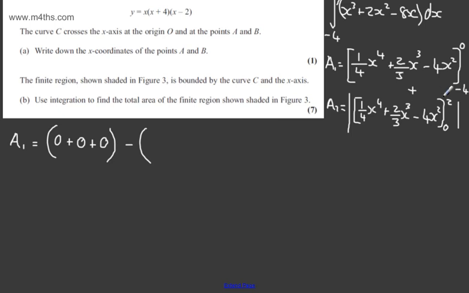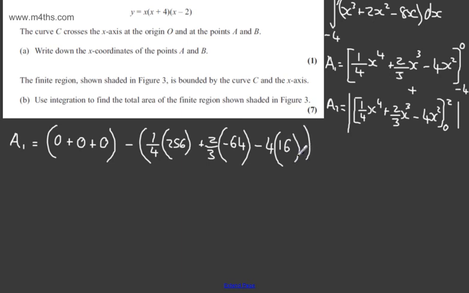I'm now going to evaluate minus 4. If I take minus 4 to the 4th power, that's going to give me positive 256. So we'll have 1/4 of 256. Then I'm going to have plus 2/3 of minus 4 to the power of 3, which is going to be minus 64. I'm then going to add or subtract from this minus 4 lots of minus 4 squared, which is going to give me now minus 16.